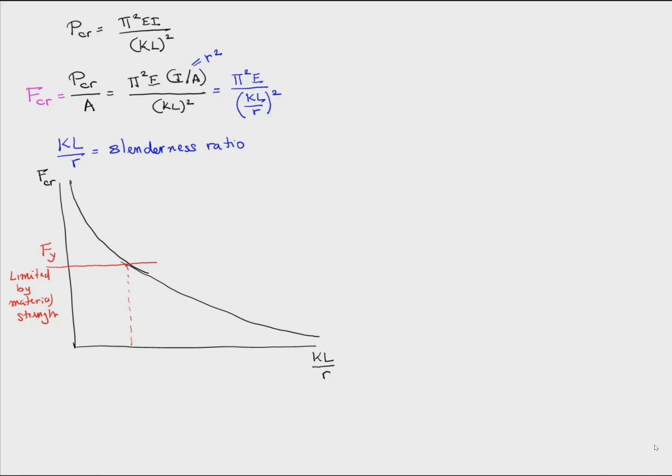This is in theory, but in practice, the curve actually looks something like this, where there's not an abrupt transition point like this, but a gradual one. So this is the compression strength curve. And the AISC specifications, for example, provide an equation for this curve.